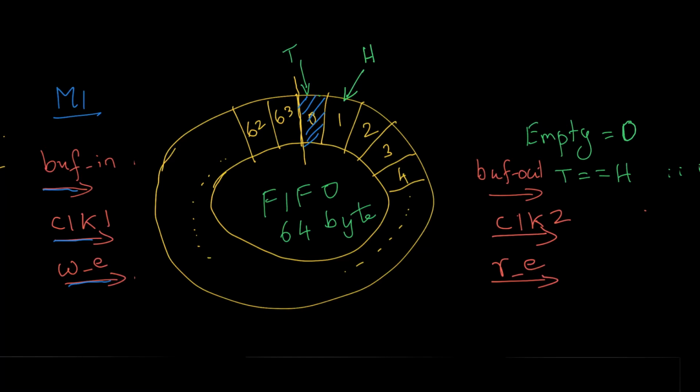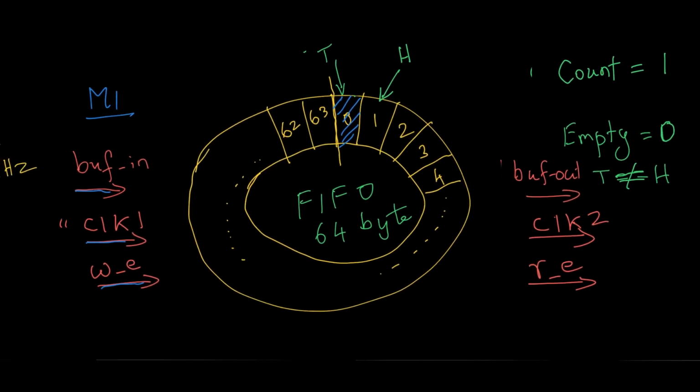There is 1 byte of data in the FIFO, and tail is not equal to head anymore. To keep track of the number of bytes in the FIFO, we will have a counter, and currently there is only 1 byte in the FIFO.